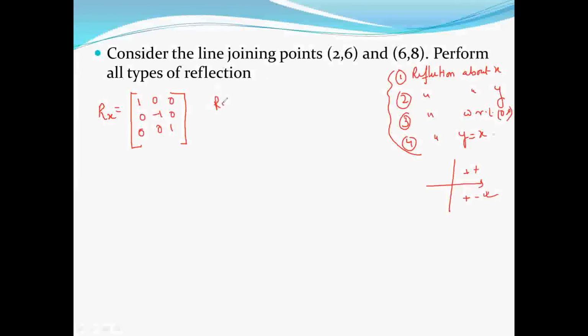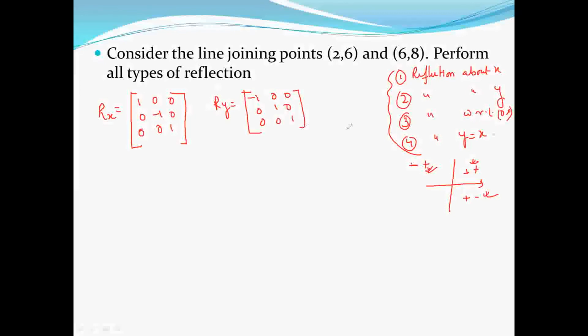Similarly, for the reflection matrix with respect to y-axis, my object is here and I have to plot it over here. So here the value of x is minus and y is plus. So it will be minus 1 0 0, 0 1 0, and 0 0 1.